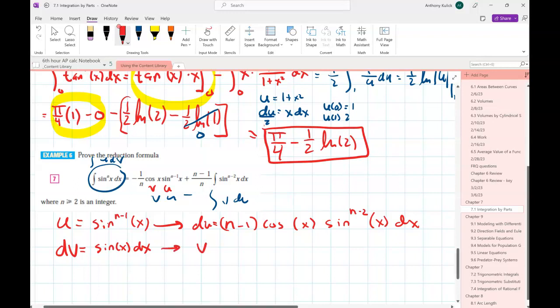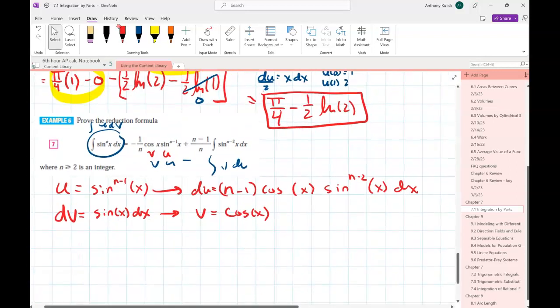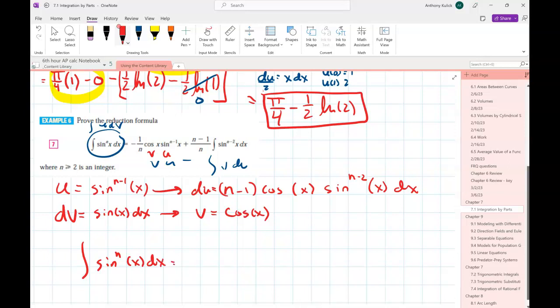Okay. What's the integral of sine x dx? Okay, so we have u times v minus the integral, and I'll take the n minus 1 out front, of v du.